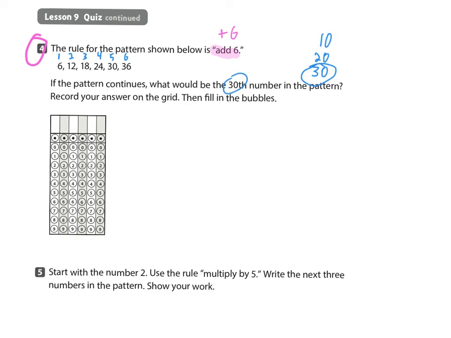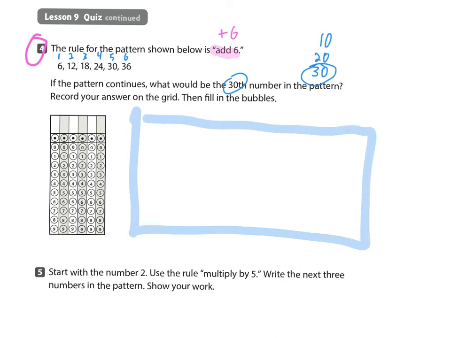So take your time, use this space to solve, show your work. Really make sure you show your work. And when you get it, you can answer using these boxes. Make sure you fill in as you need to.